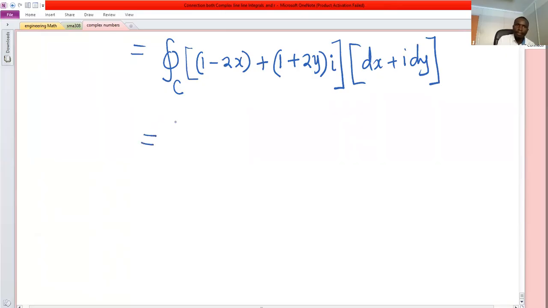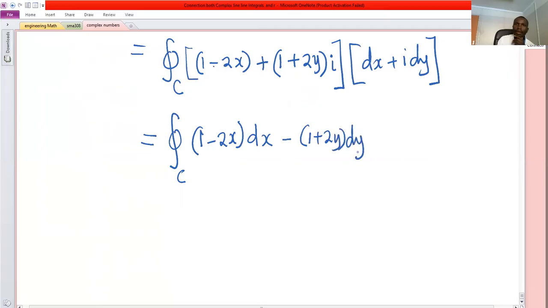So which will be the integral along C. If I take those without i, I multiply this by this one, I'll get (1 − 2x) dx. And then this term and this term will give me minus (1 + 2y) dy, then plus i.